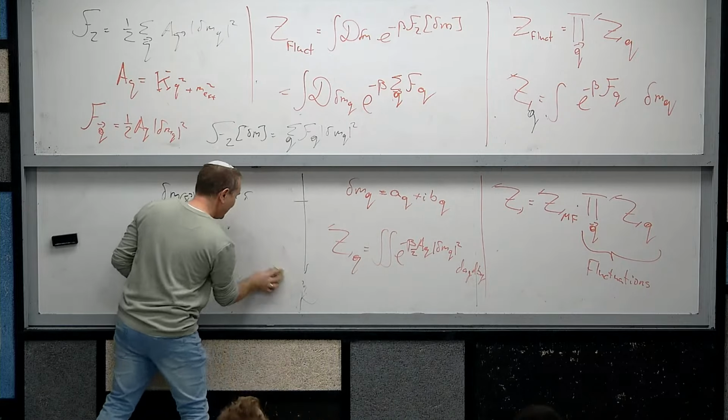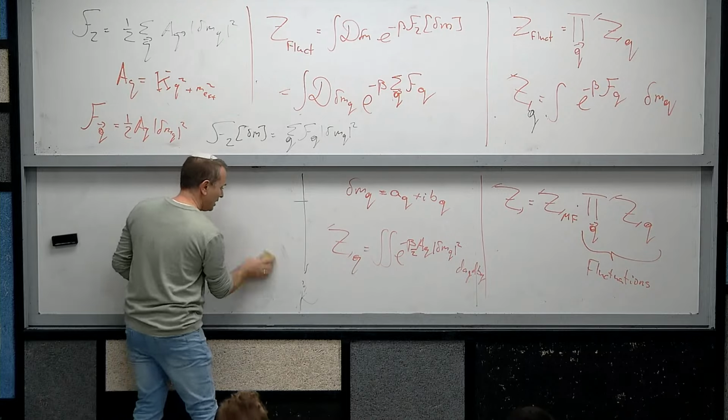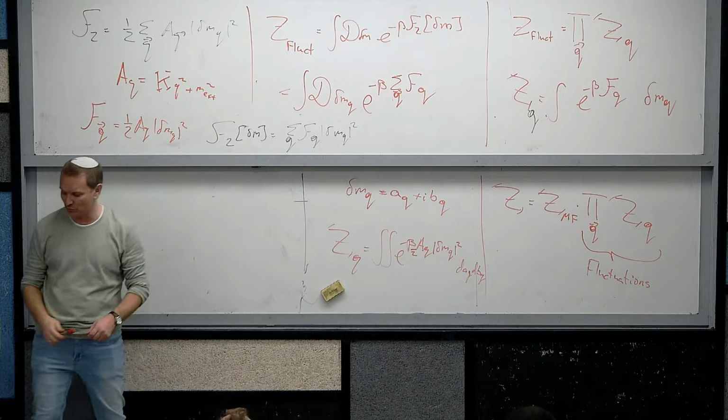This is the partition function of each and every mode that I decided to include in my system as a fluctuation.